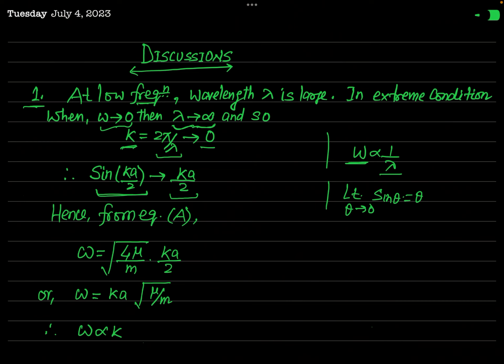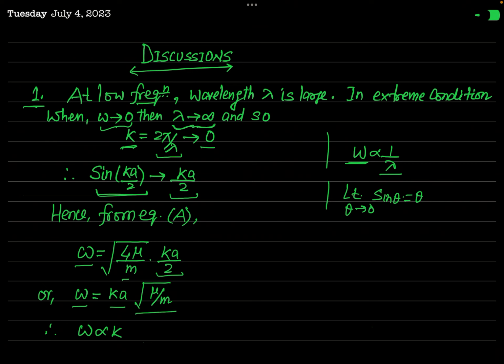So the dispersion relation is now written like this: omega is equal to the square root of 4 mu over m times ka by 2. Here the square root of 4 will be 2, and that 2 and the 2 in the denominator will cancel out, and your result will be omega equal to ka times the square root of mu over m.